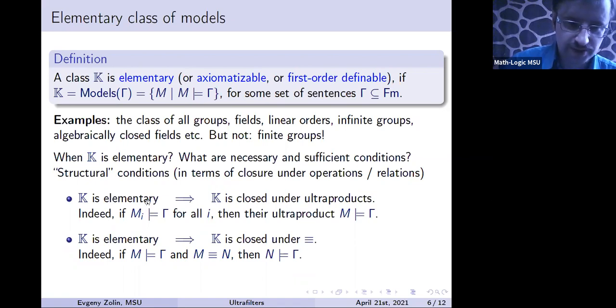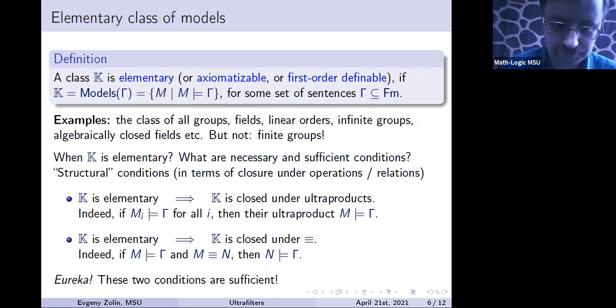So we already know that elementary classes are closed under ultraproducts and closed under elementary equivalence. So these are necessary conditions. It turns out that these two conditions are also sufficient. Not only necessary, but also sufficient.